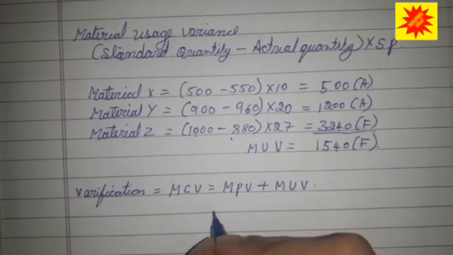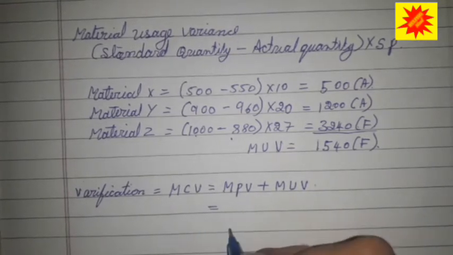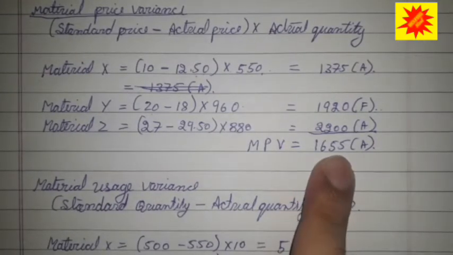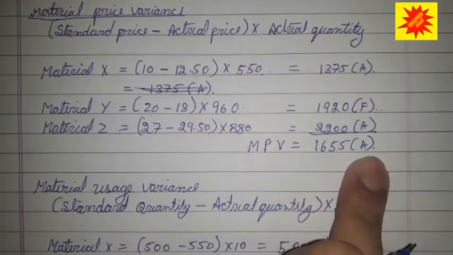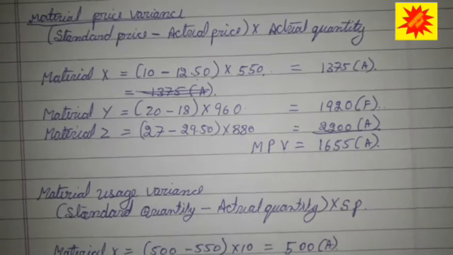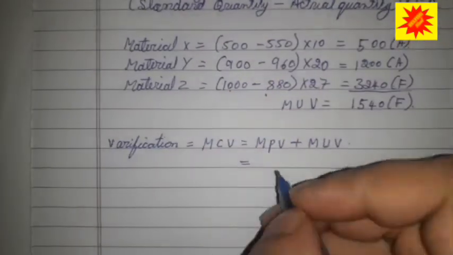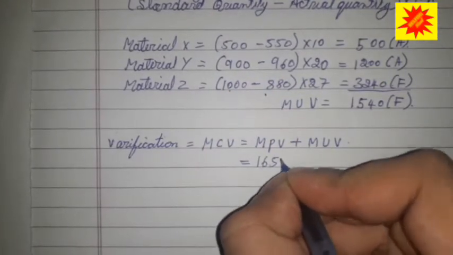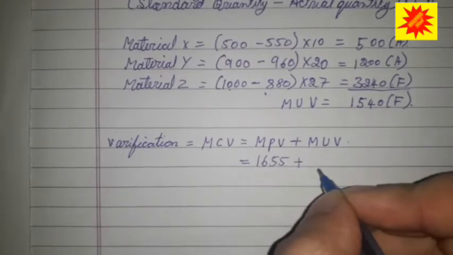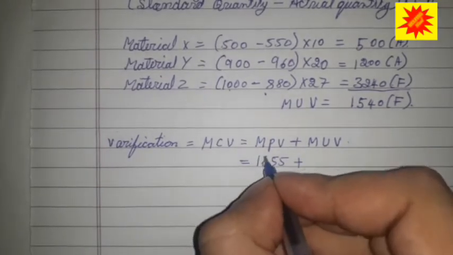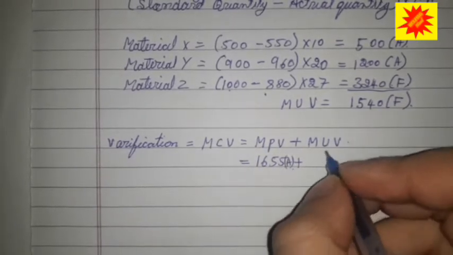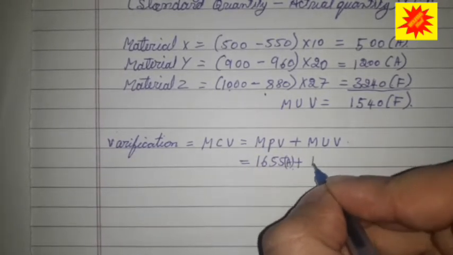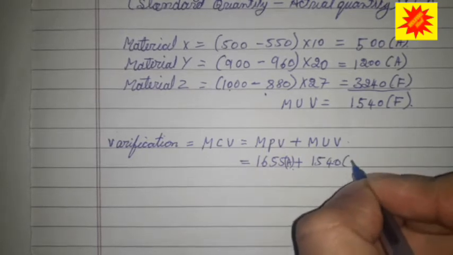So what is our material price variance given to us? It is 1655 adverse. So record that. 1655 plus, so this is adverse, so it will be A, that means negative, plus 1540 favorable.